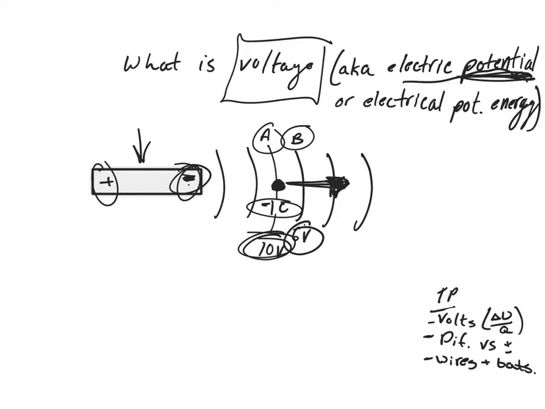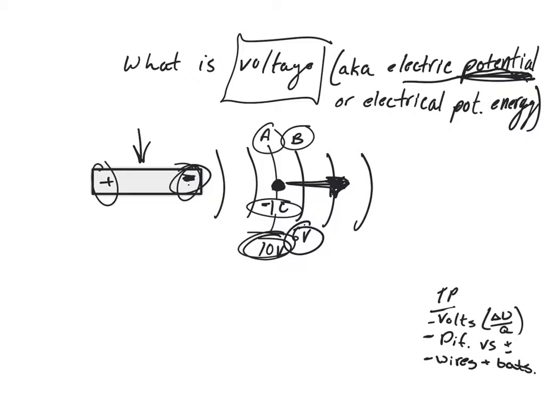Applying this to the circuit we have, the difference between this 10 volt and 6 volt charge is 4 volts. And it wouldn't matter if for some reason it went down to over here, 0 volts and negative 2 volts. As you go from 4 volts to 0 volts, you have a difference of 4 volts. And as you go from 4 volts to negative 2 volts, you have a difference of 6 volts.